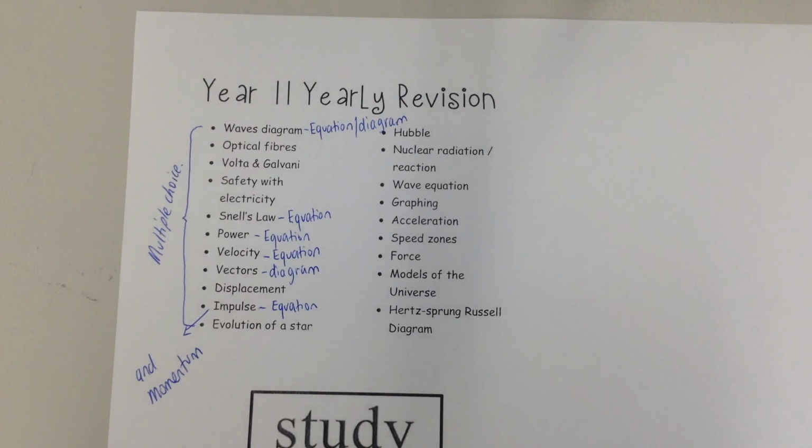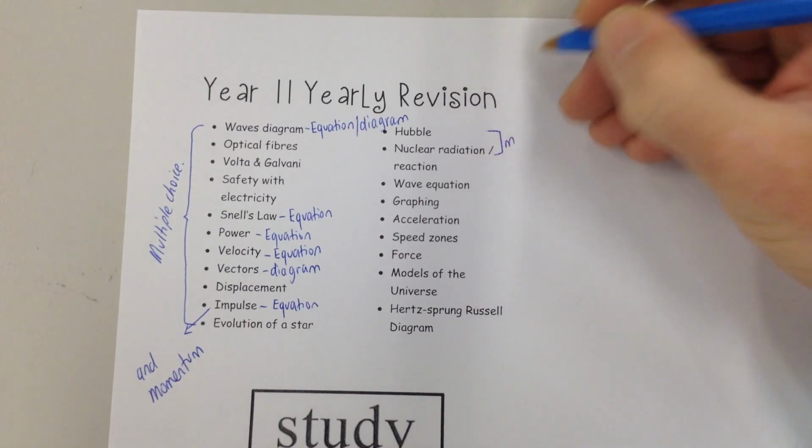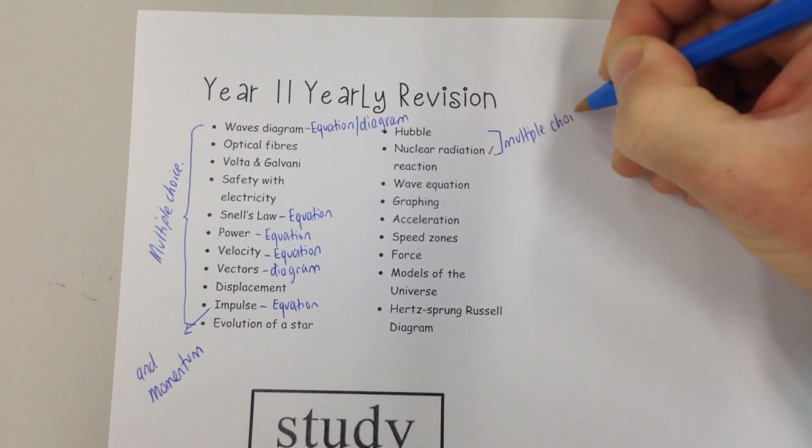The next one, Hubble, is also a multiple choice question. So Hubble and nuclear radiation and reaction is multiple choice as well. But it gets mentioned again. So not just once.